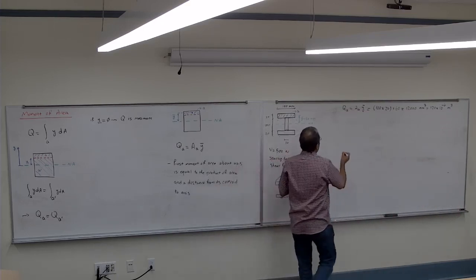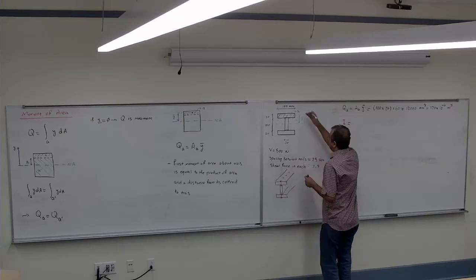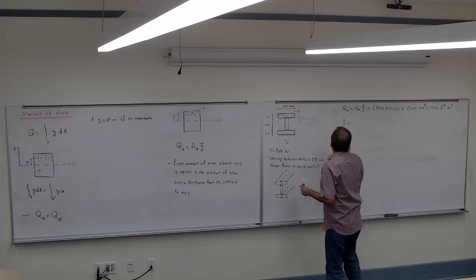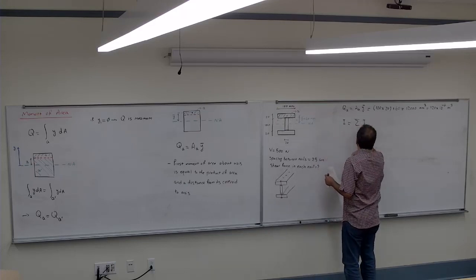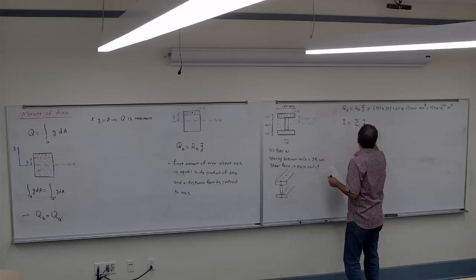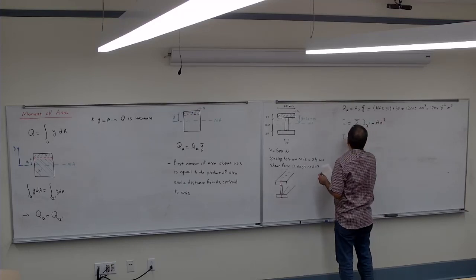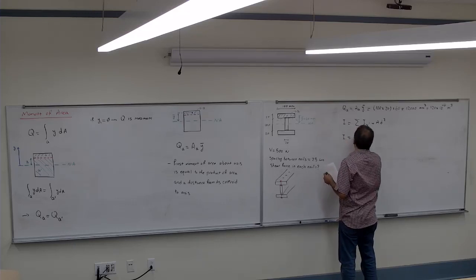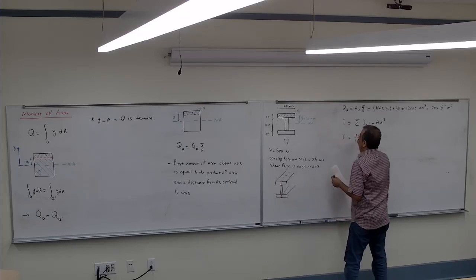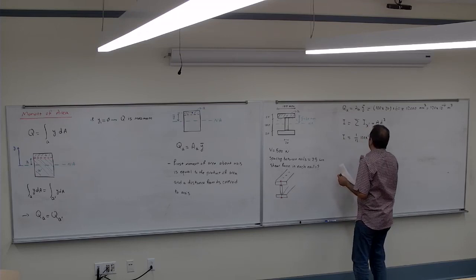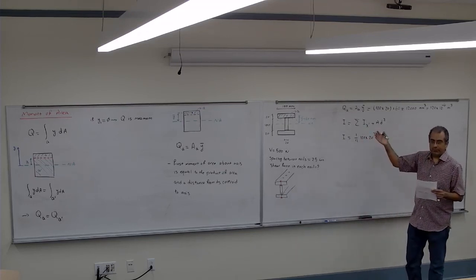The next thing is the I. I have to calculate the I for the entire cross section, for the top, for the middle, and for the bottom. Remember that the I is the sum of I about the centroid plus A D squared. So the I for the top one is 1/12 of 100 times 20 cubed, 1/12 of B H cubed, correct?